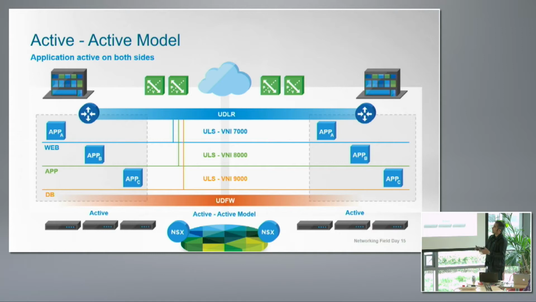For example, I have applications at both sites, and I can configure applications running at both sites to use my edges at Site 1 for north-south connectivity, or I can configure it so that if the application is at Site 1, it uses the Site 1 edges, if it's at Site 2, it uses the Site 2 edges, and if that application at Site 1 moves to Site 2, then it uses the edges local to that site.